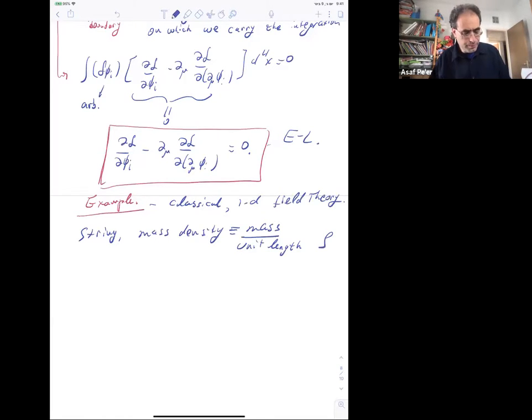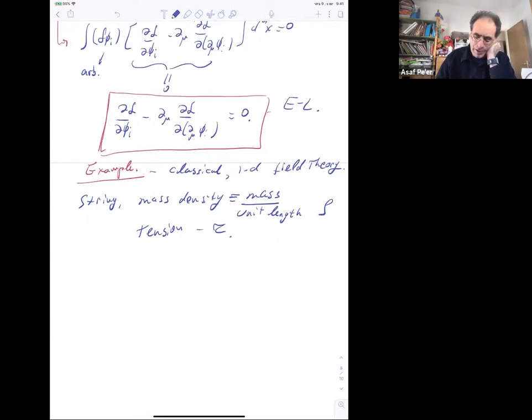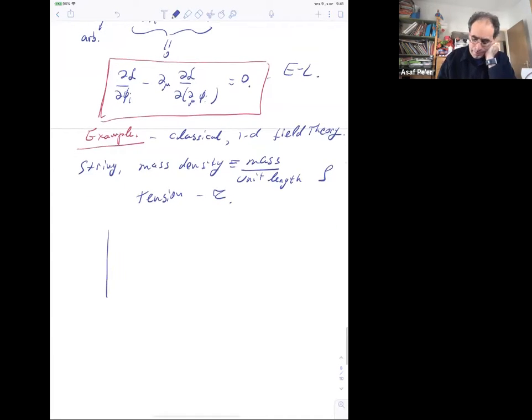Call it rho, and the tension, call it tau. And so I have a string here, right? And I am slightly changing the string. So it's a one-dimensional problem. So this is x, right?